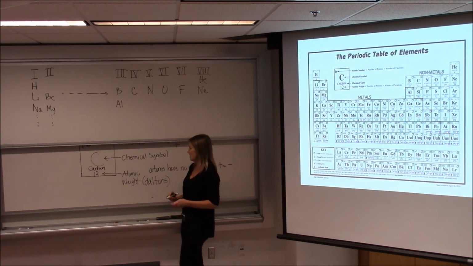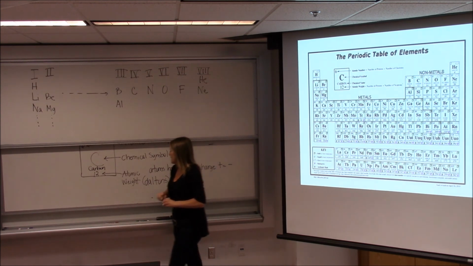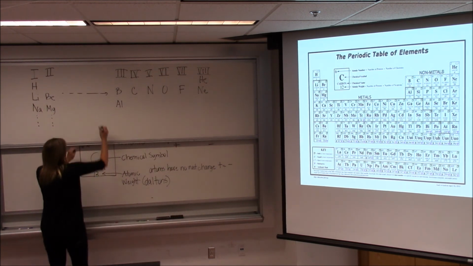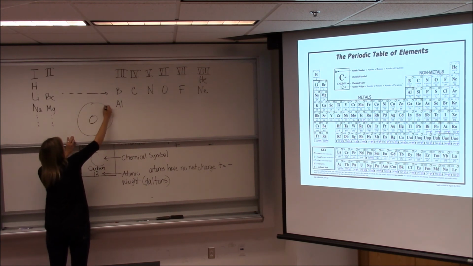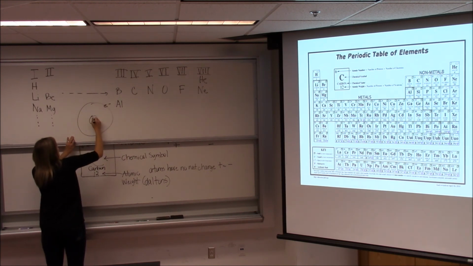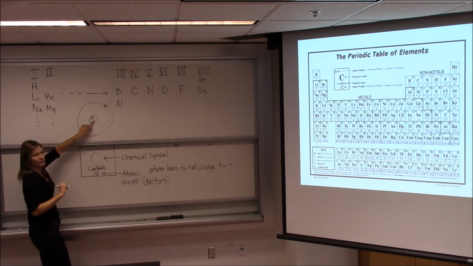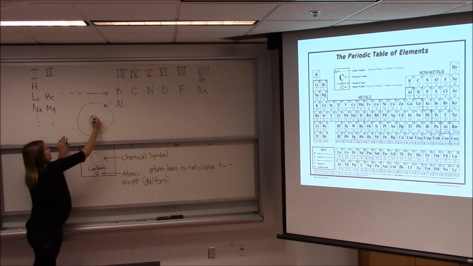D-A-L-T-O-N-S, Daltons. That atomic weight, as I mentioned before, this is the atom. Remember, the electrons are out here. Protons and neutrons are in the nucleus. And that's where the mass of the atom is.